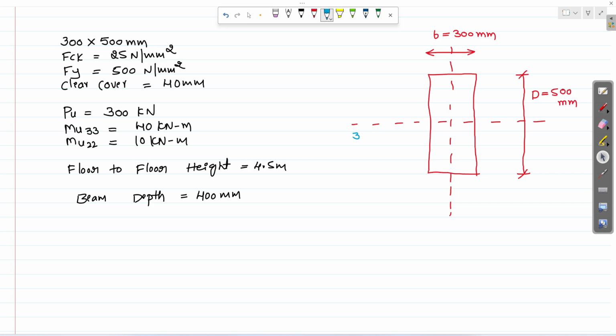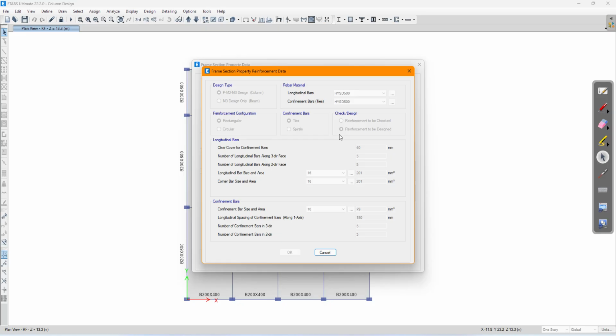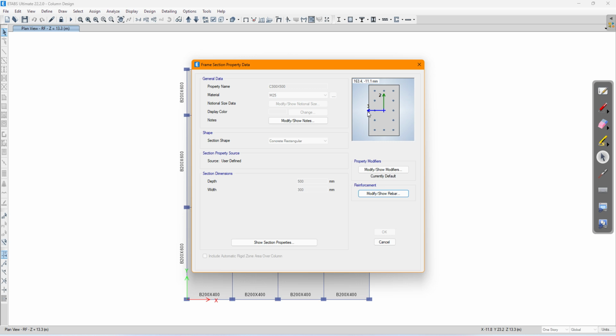This is your local axis 3 and this is your axis 2, same as in ETABS. Horizontal is 3, vertical is 2.